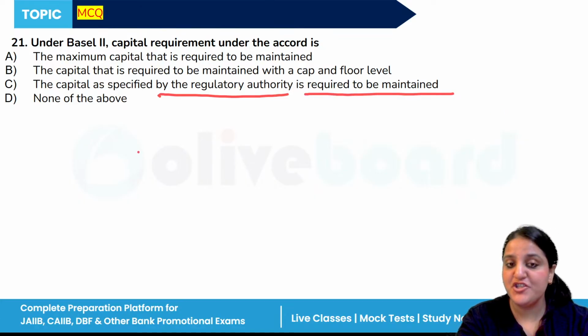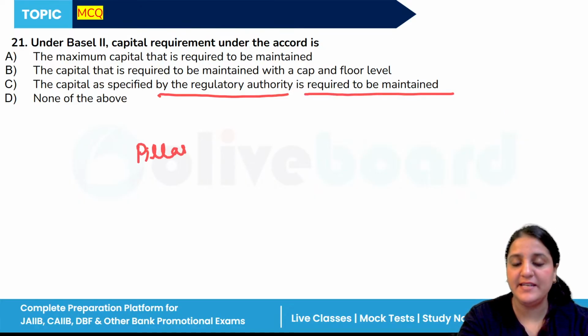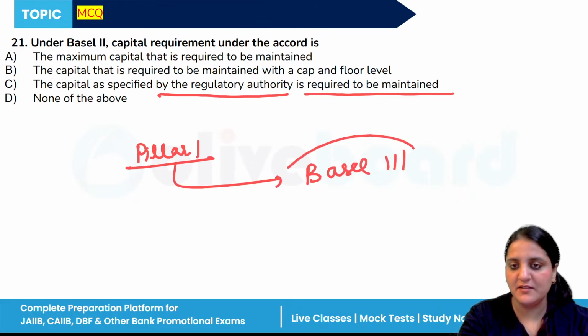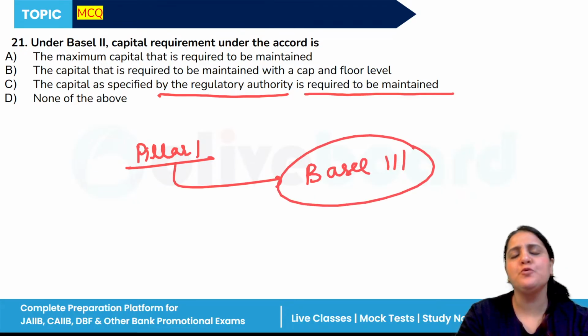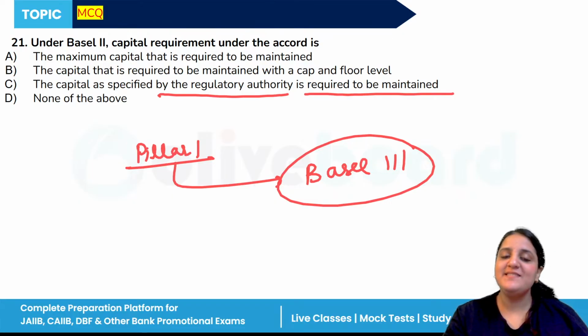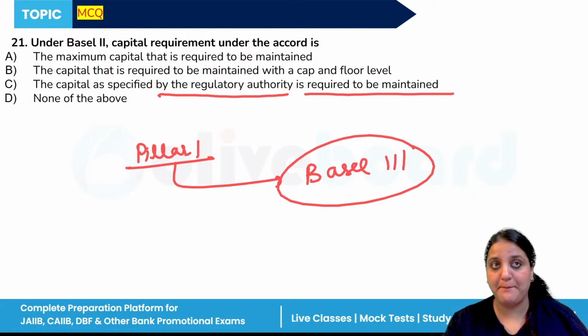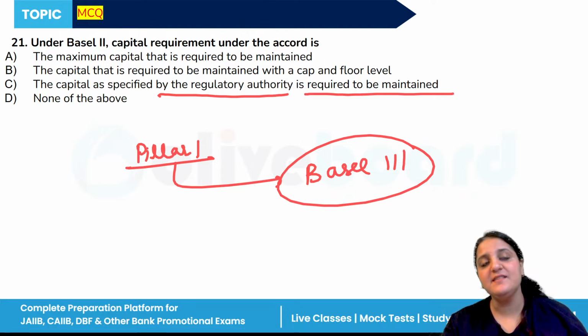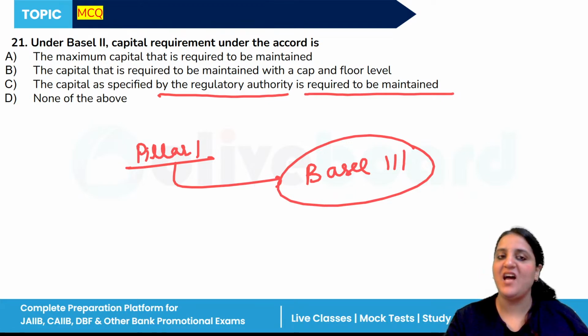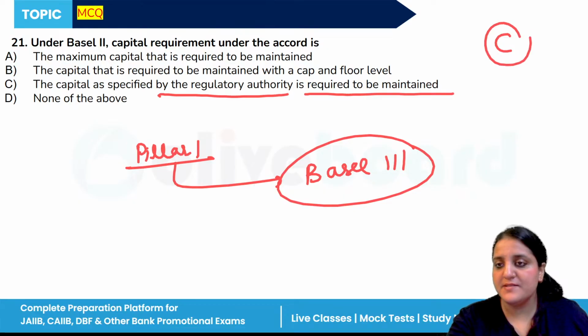That is mentioned in Pillar 1, currently under Basel III, because we are following Basel III norms now. But under Basel II as well, it is mentioned in Pillar 1 that banks have to maintain a minimum capital requirement, and that is directed by the RBI. Option C is correct.